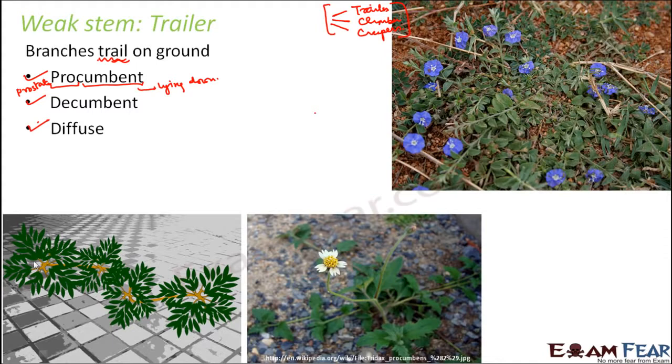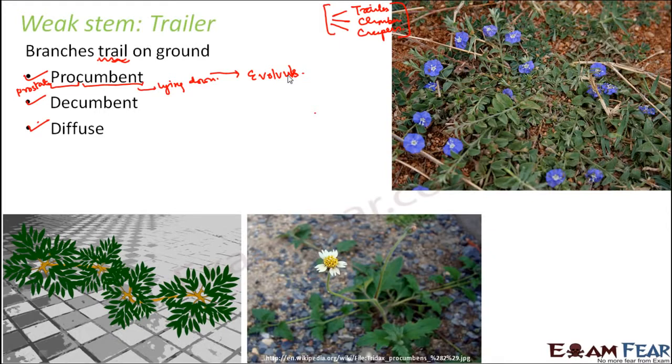Here you can see this plant, right, which is on the ground. It is not growing vertically upwards from the ground, but rather it is along the ground, or we can say it is trailing on the ground. So one such example of a procumbent stem would be Evolvulus. So Evolvulus is one example of procumbent trailer.